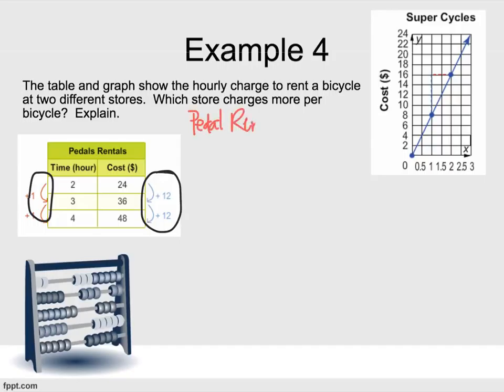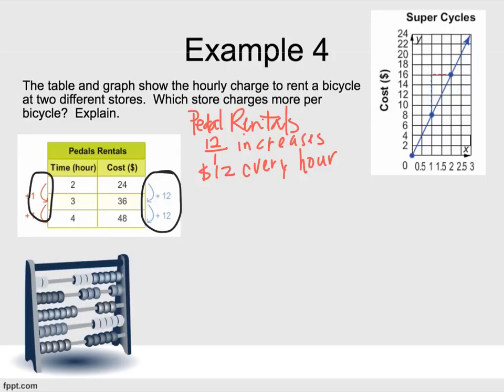So we can say for Pedals Rental that the cost is 12 over 1, or it increases $12 every hour.